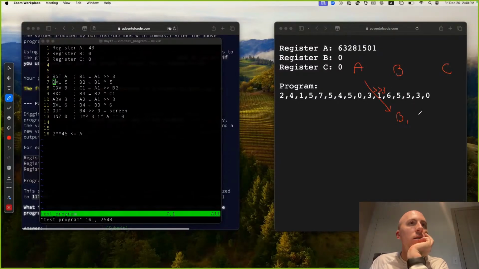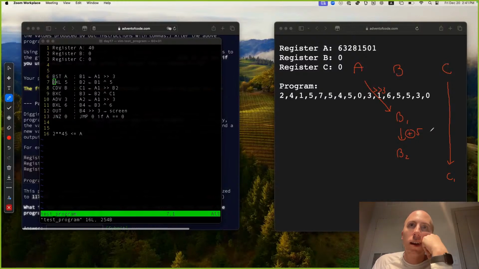That's the operation. And then B2 is B1 XORed with 5. Then C1 is A and B2. Basically this kind of thing.